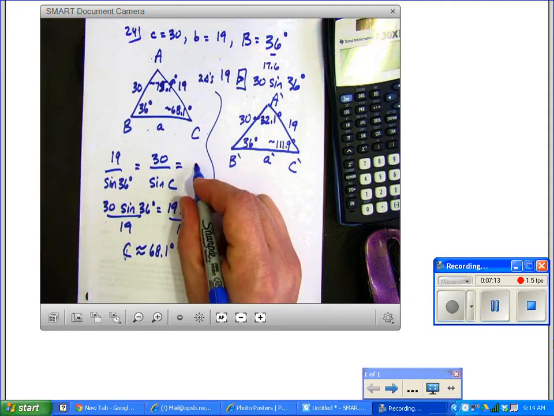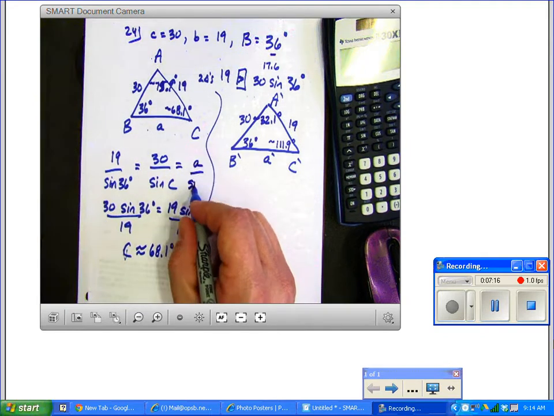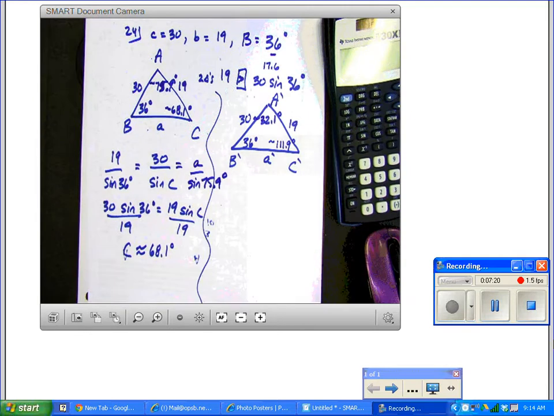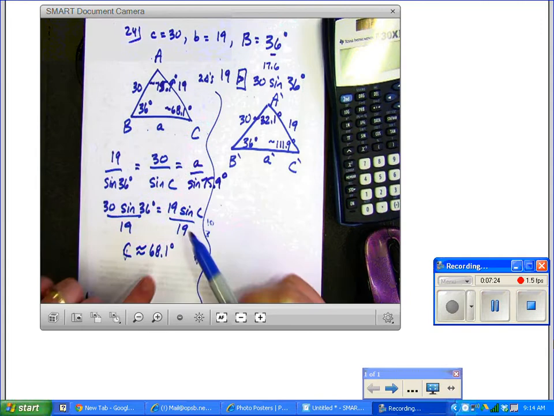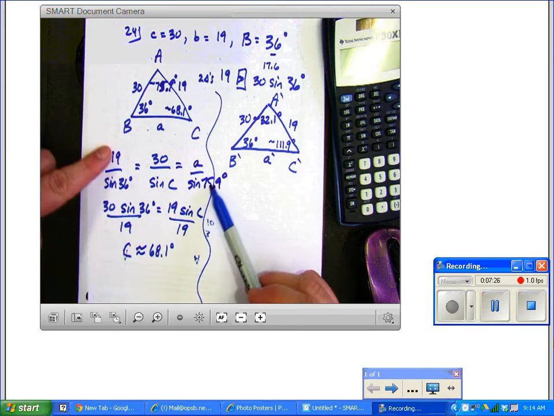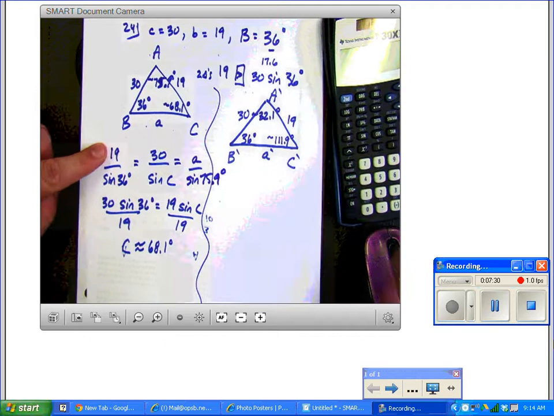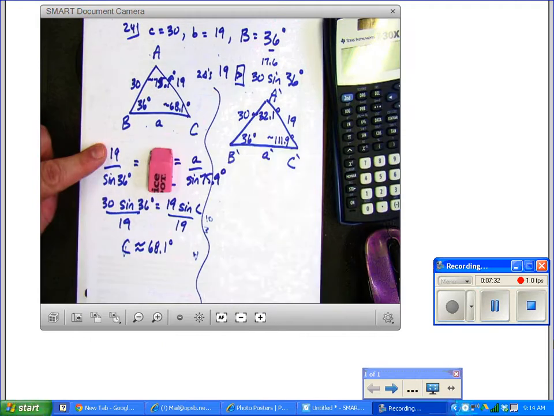So we're going to get A over the sine of 75.9 degrees. Now, we could put the C one back in there, but let's just cross multiply with that first one again. So just cover up the middle one here, and let's cross multiply.